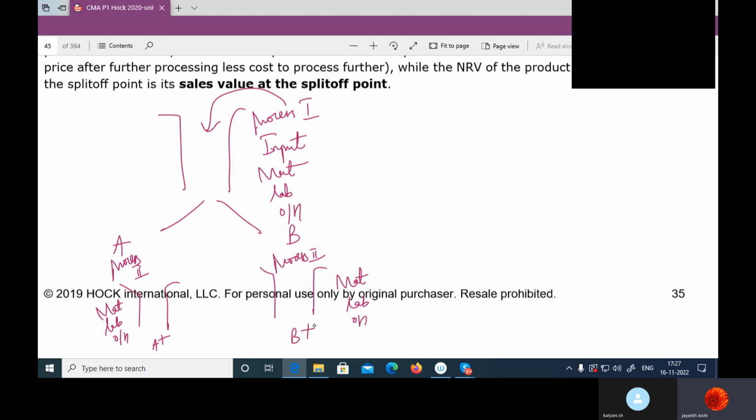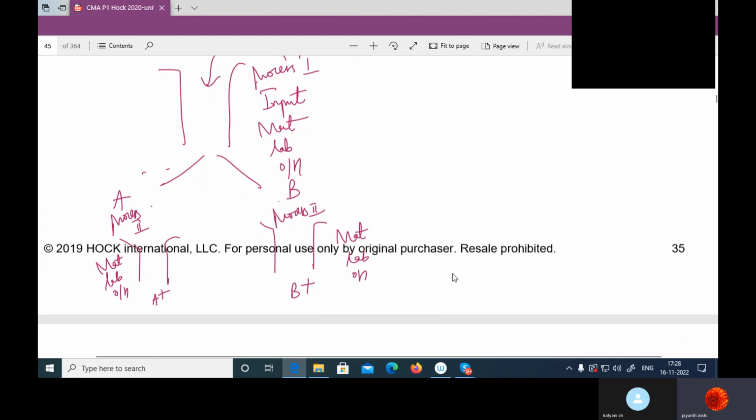So what we are concerned with is: we just took the raw material as crude oil, and that raw material, labor and overheads, the entire input, has given us two products, correct? Fine. So we can directly get the cost of this A plus and B plus.